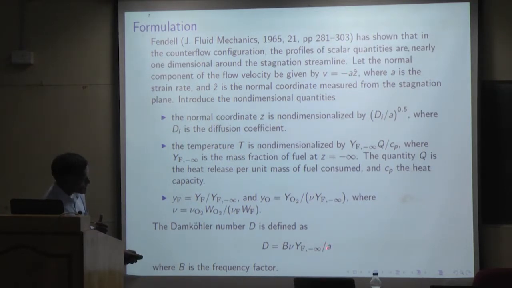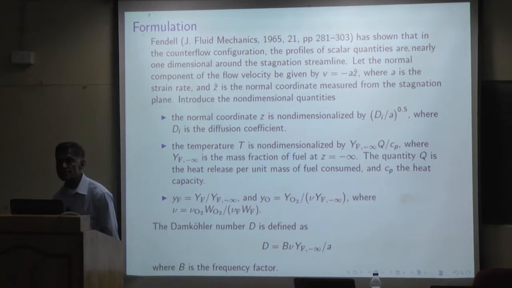So therefore the characteristic flow time appears here in the numerator, and this is the reaction rate. B is the frequency factor, okay? And that has units of 1 over seconds, which represents the characteristic chemical time. So here you have the characteristic flow time, and B has the unit, that's the characteristic chemical time. Therefore, that's the Damköhler number that appears in the analysis, right?